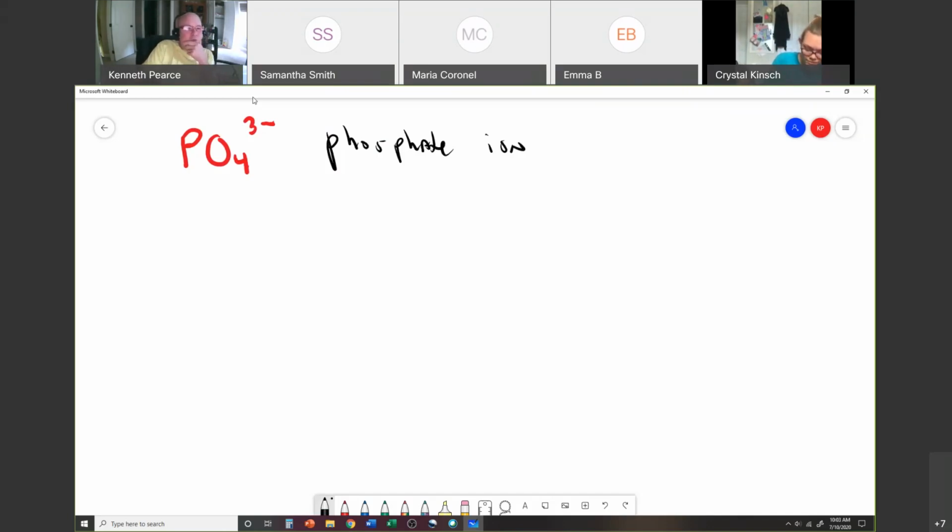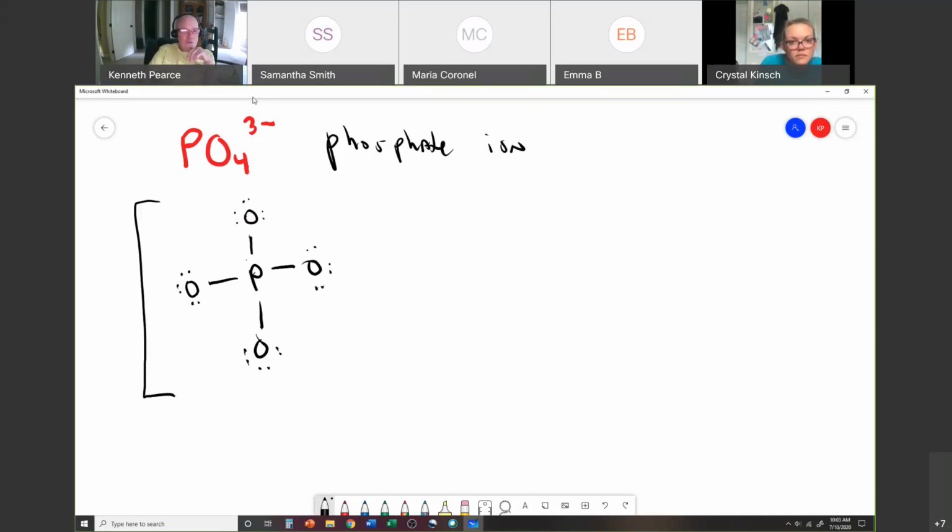And if you go through and do the Lewis dot structure for this, you would get the following. Here is one possible structure that you could get. I'm just going to draw it out, and I'm using lines because I think they look cleaner for single bonds. And you would get this right here. And of course, if you really want to be complete, you would put a 3 minus on the outside.